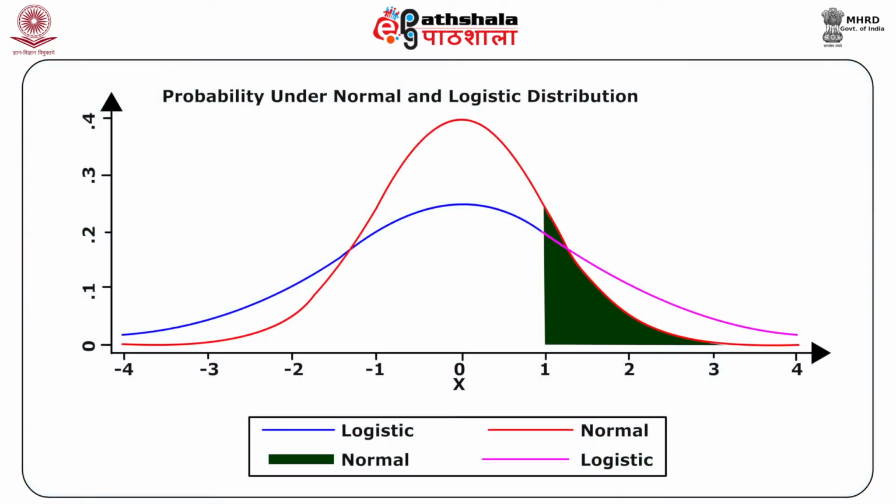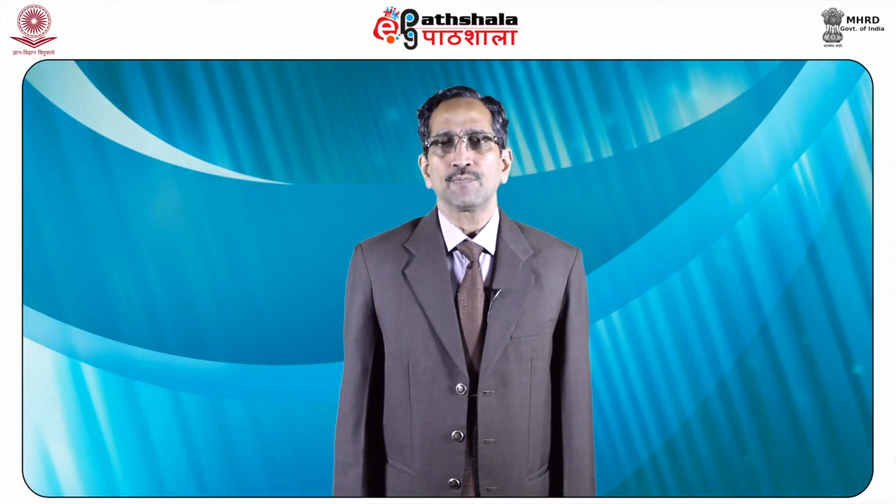So let's look at a graph. In this graph, you can see that we have the probability under normal and logistic distribution. Again, on the x-axis, we have the values of x, and on the y-axis we have their corresponding probabilities or density functions. Suppose that we want to know the probability corresponding to beta x_i equal to 1.